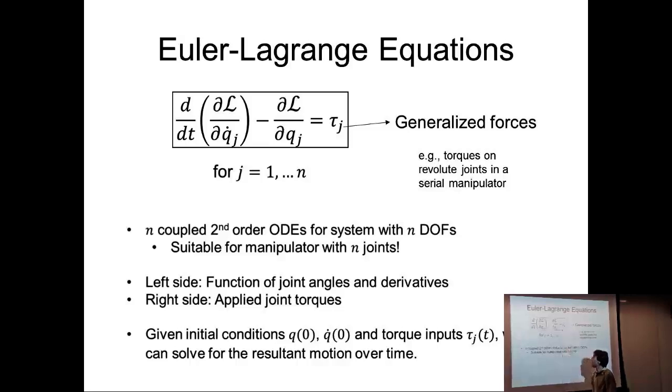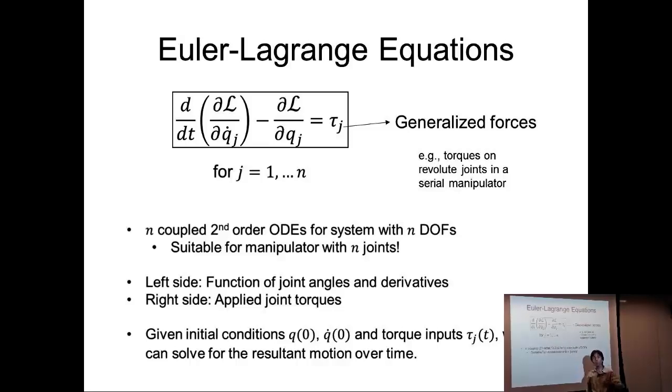And the fact that it's coupled, what that means is if you have, let's say, an n revolute system, theta 1, theta 2, and so forth, even though the first differential equation, you'll be doing these calculations with respect to theta 1, there can be theta 2, theta 3 terms that appear in that first differential equation.